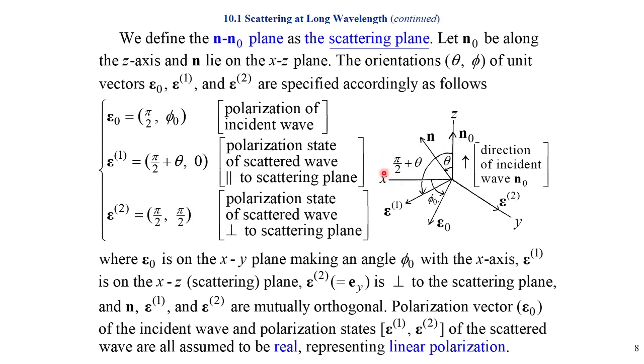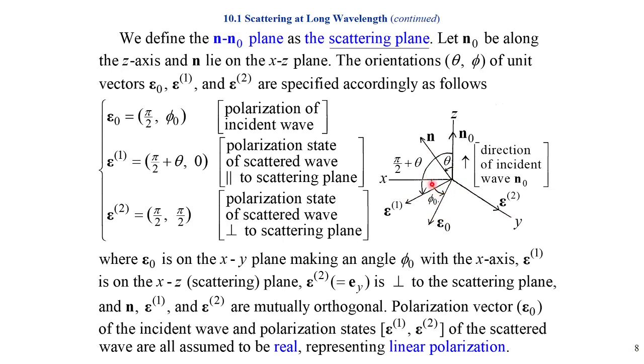And this is the s direction. So x, y direction is here, and z direction is here. Then the orientations theta and phi of the unit vector. This is the theta, and the phi is here. Phi is the angle from the x-axis. Phi lies on a projection on the xy plane.